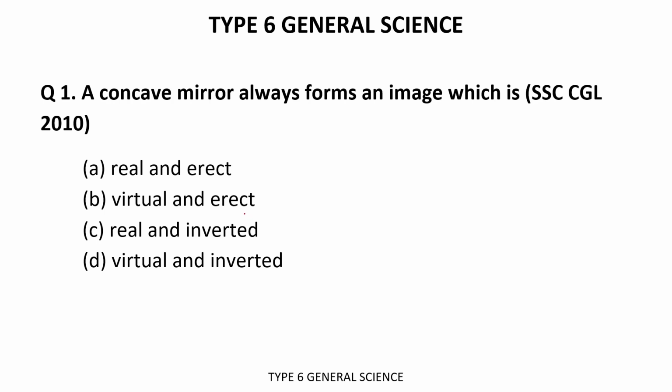First, general science we are going to cover, and the first question we have: a concave mirror always forms an image which is real and erect, virtual and erect, real and inverted, or virtual and inverted. You have 30 seconds to think and answer.